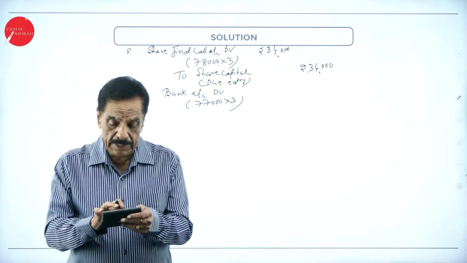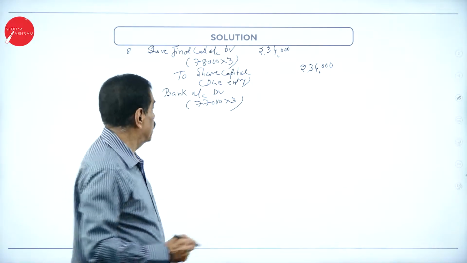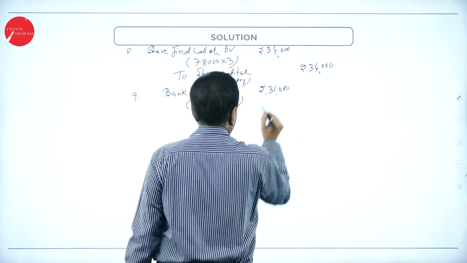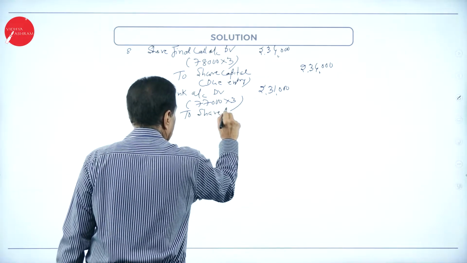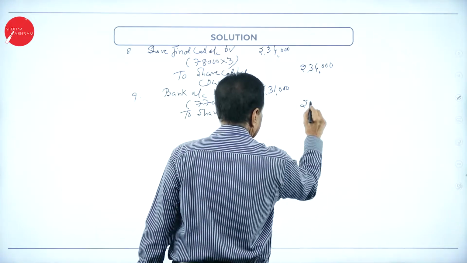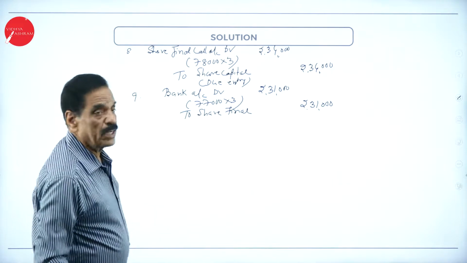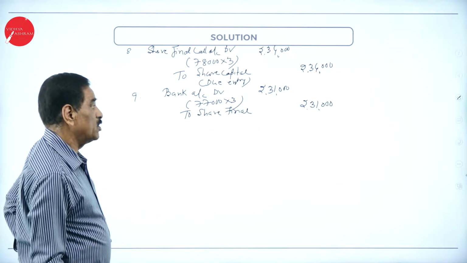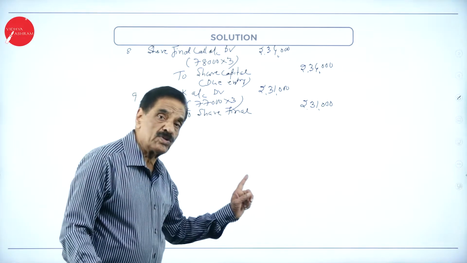So 77,000 into 3, 2,31,000 to share final call. 2,31,000. This is final call money received. Actually, you have to receive 2,34,000, but 3,000 could not be received. How much do you receive? 2,31,000.